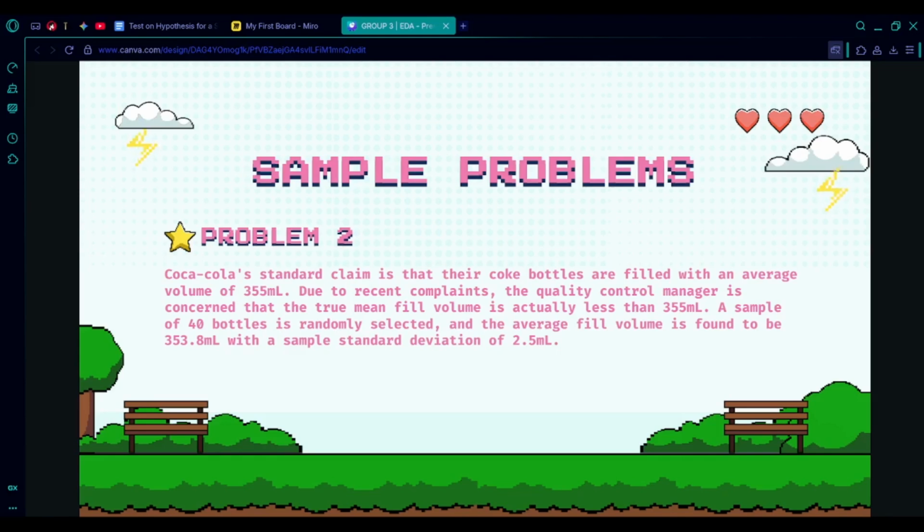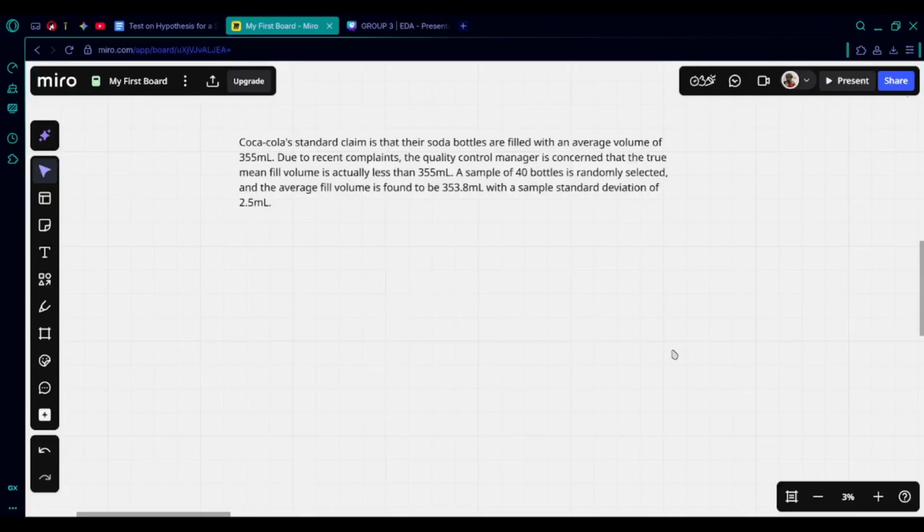A sample of 40 bottles is randomly selected, and the average fill volume is found to be 353.8 ml with a sample standard deviation of 2.5 ml. So I have listed here our problem.